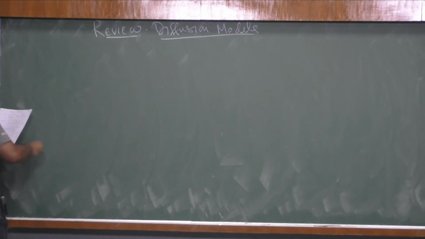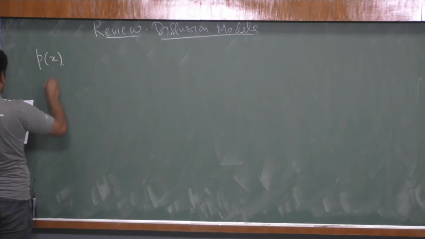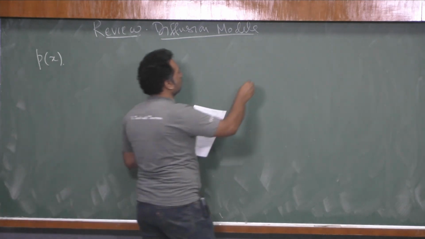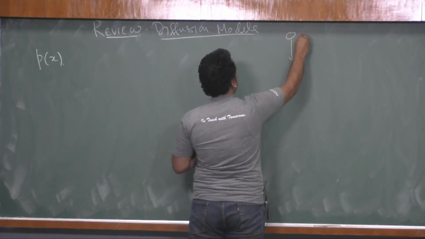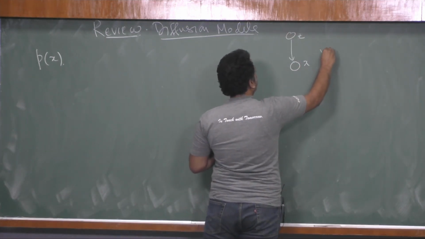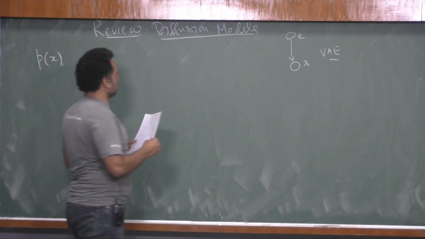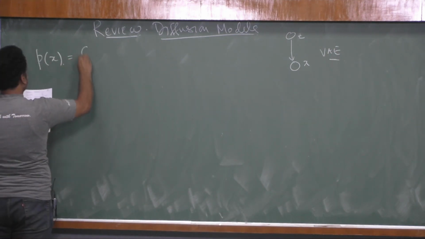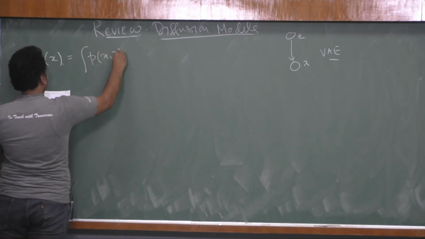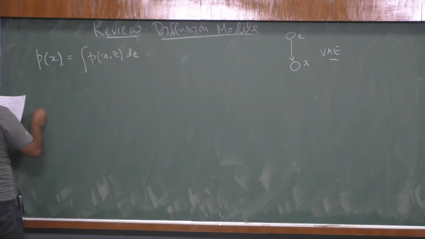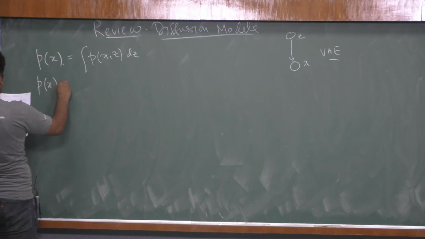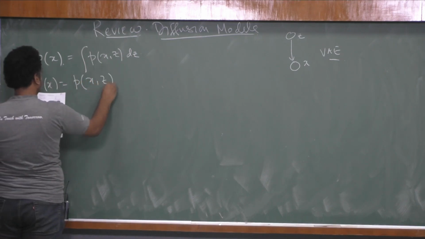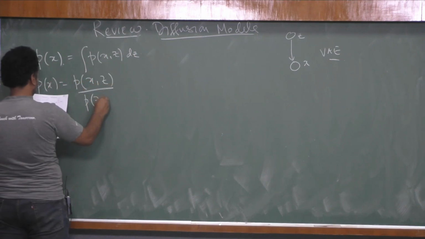We started with a latent variable model, which is used in VAE. We thought about computing the marginal P(x) from the joint, and we also know that P(x) is given by this using the chain rule of probability.